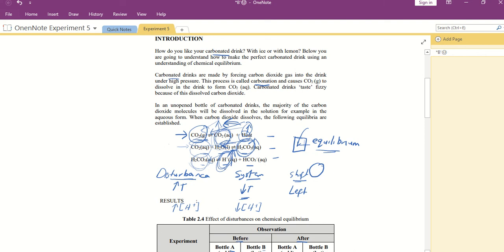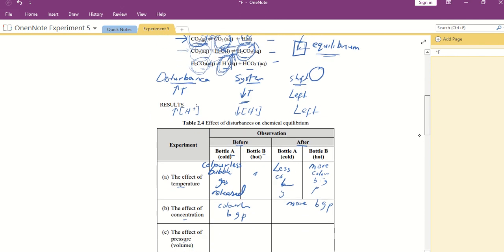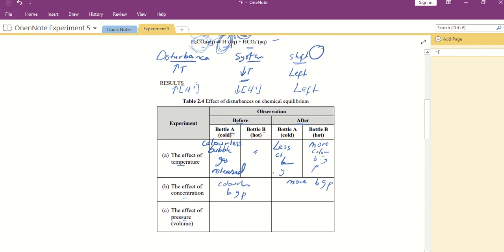So all that at the end will cause shifting to the left in the first equation. So the shift here is to the left hand side. It will form CO2 in gas. So that's why after we add vinegar or lime juice, we observe more bubble gas produced.